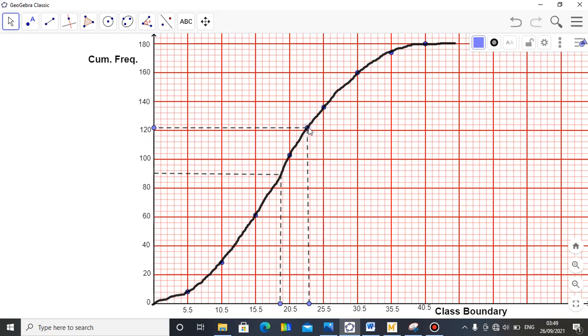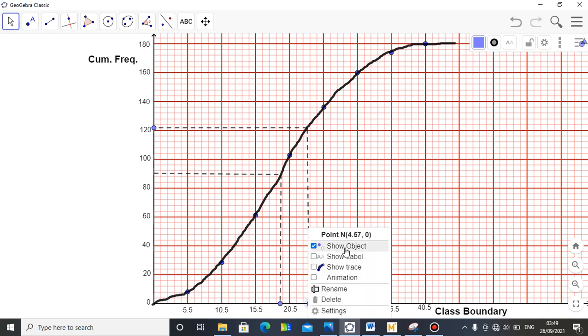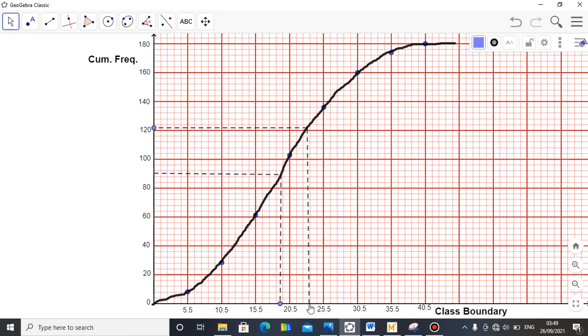Let me hide all these points. So this is 23. If you see the 23, you rise up. You can see 23 will touch somewhere here, then you move. So 122. And the question asks for percentage.